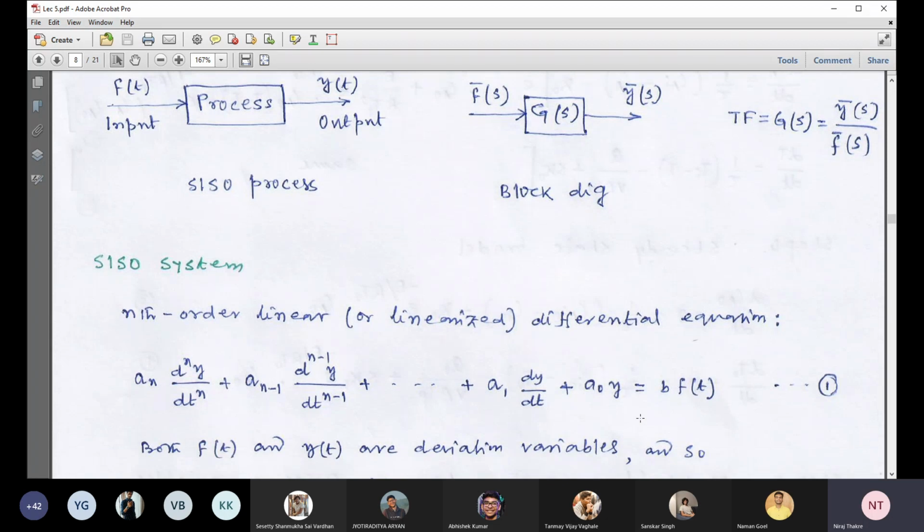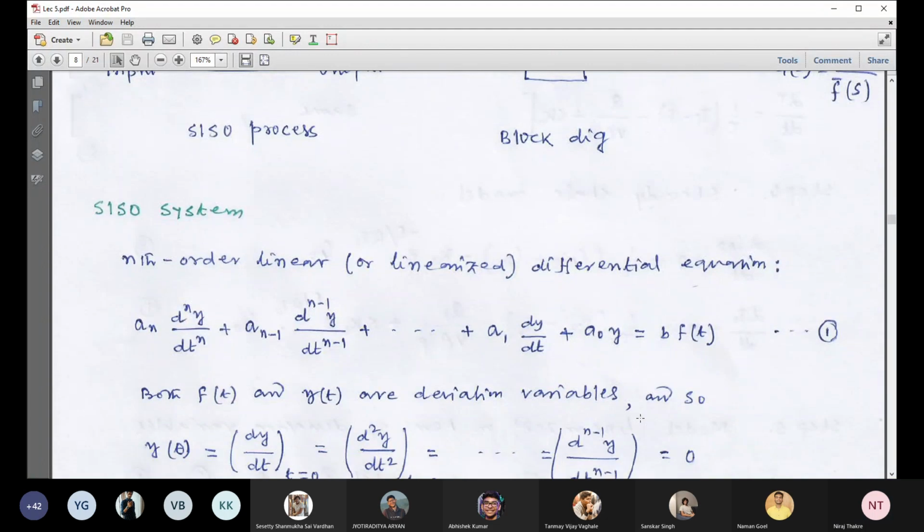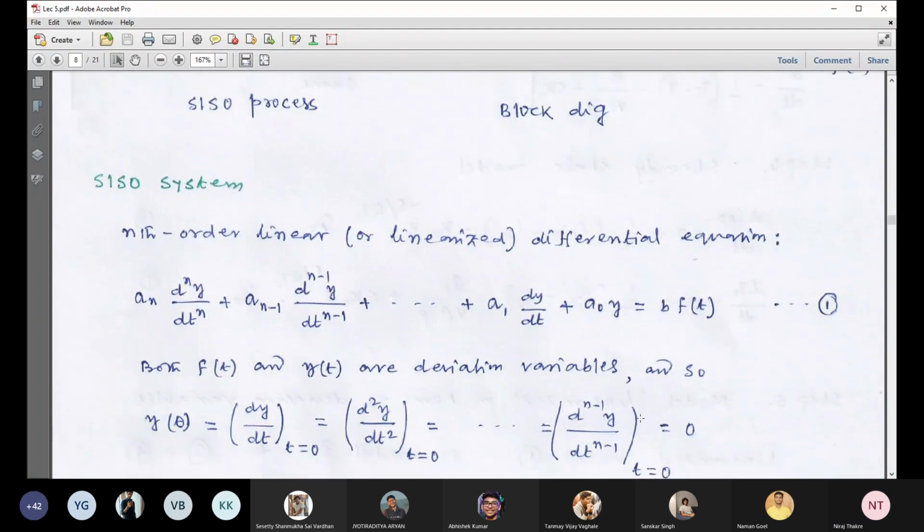Okay. So both f(t) and y(t) are deviation variables. Here both the input f and output y are in terms of deviation variables. That means y(0) is 0. If y is a deviation variable, then y instantaneous minus steady state y equals 0.